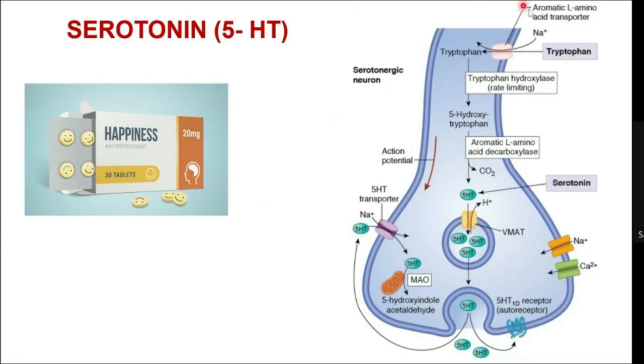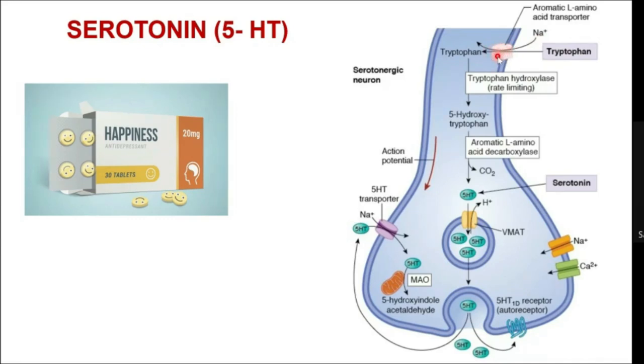This picture which you are seeing here depicts the synthetic pathway. What is its substrate? Serotonin is synthesized from tryptophan. Tryptophan is an amino acid which gets into the circulation. It gets into the synthesizing neurons from the circulation, from the ECF, via the sodium-tryptophan co-transporter.